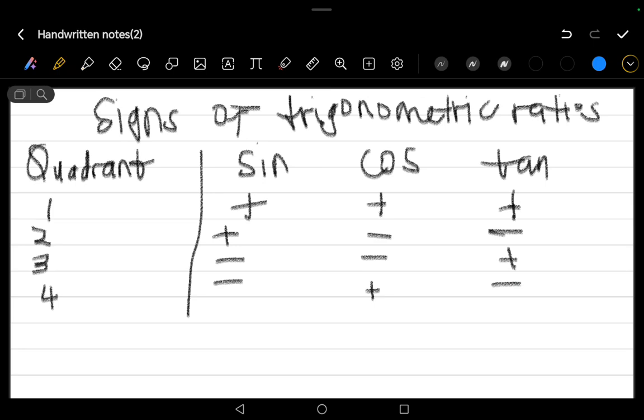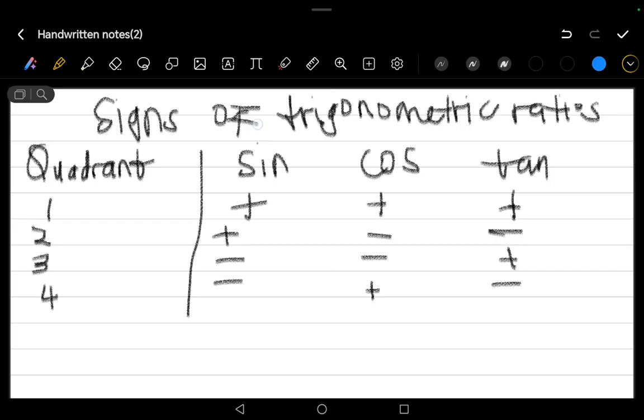The reference angle is the acute angle between the terminal arm and the x-axis. Okay, so we're going to have the reference angles. Remember, we have special angles from 0 to 90, and now we're going to start to learn from 120 to 330. So I'm going to show you the reference angle.